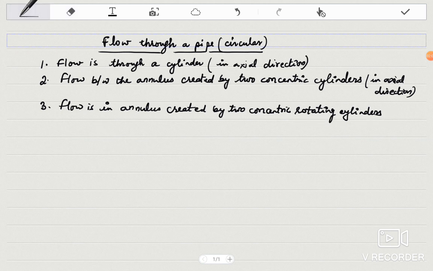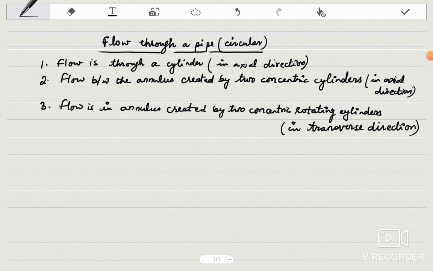So here it is in the annulus created by two concentric rotating cylinders, and it is not in axial direction, it is in transverse direction. So these three types of flows will be discussed under this topic, flow through a pipe.